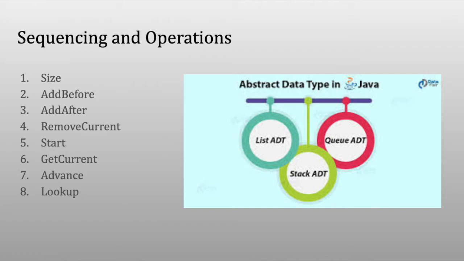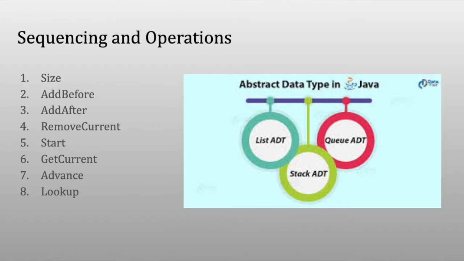Start is an operation that is a little different from what it sounds like, unlike the other operations, because it makes the first item in a sequence the current item. The getCurrent operation returns the current item, and isCurrent returns true if the current item is present.